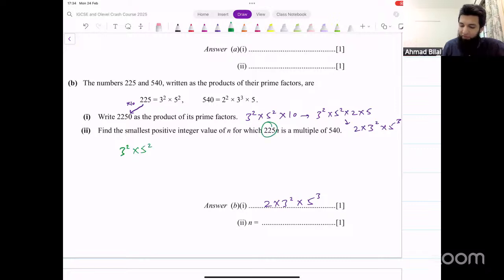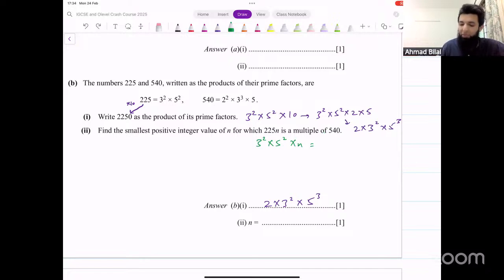That's 225, right? Let's write that here. 3 squared times n. This should be some multiple of 540.